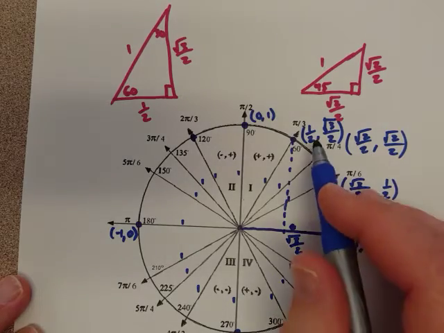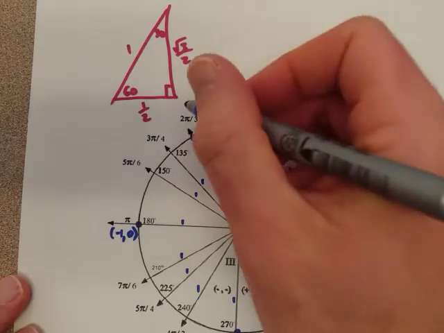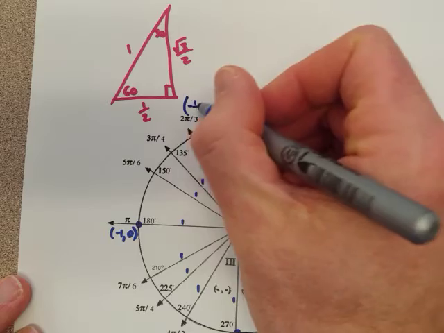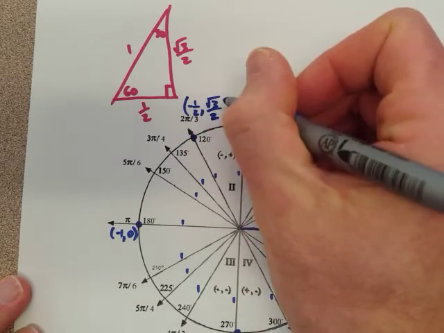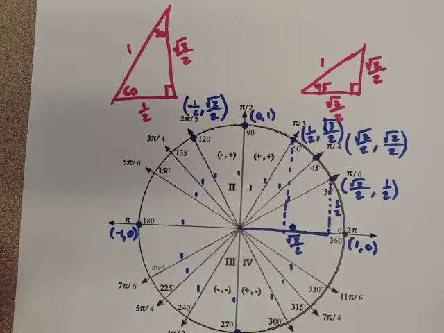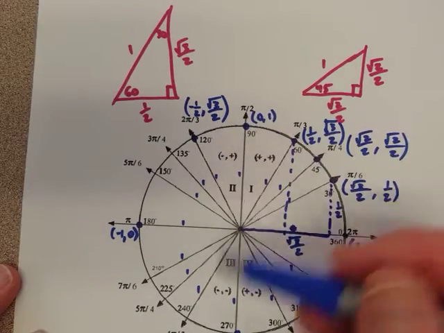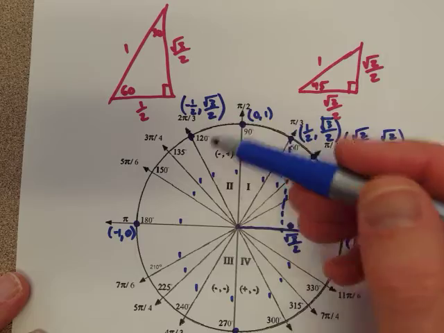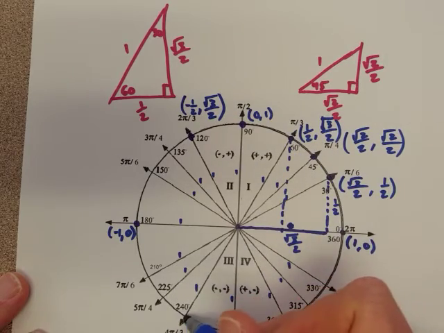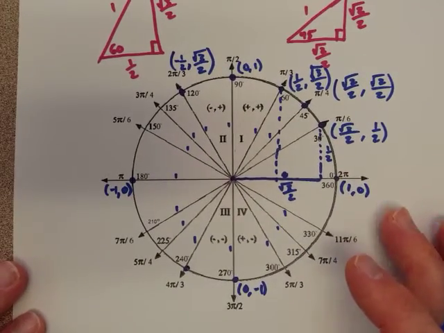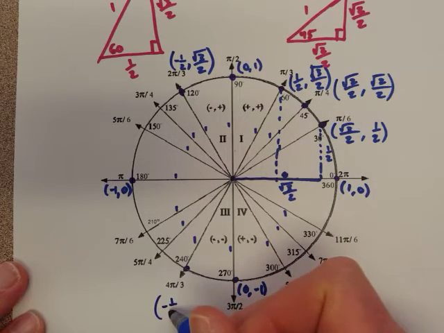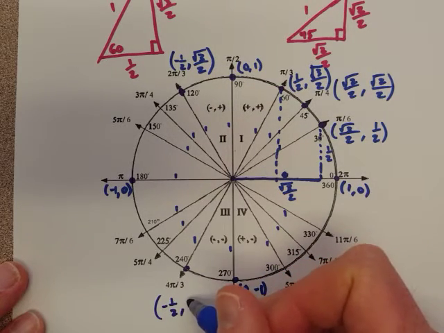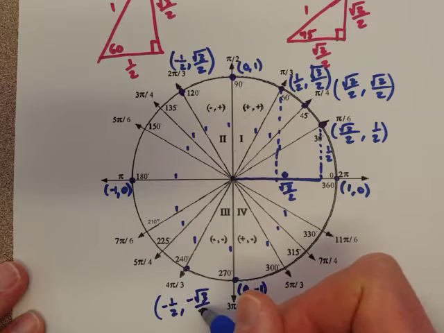The only thing that changes is that the x value becomes negative, so at that point we have negative 1/2 and square root of 3 over 2. Just as an example, we could reflect this one over into the third quadrant to get it down here. Then the y value would become negative also, and so we would have negative 1/2 and negative square root of 3 over 2.